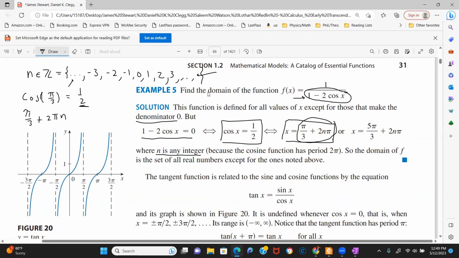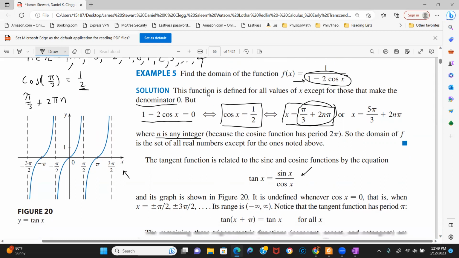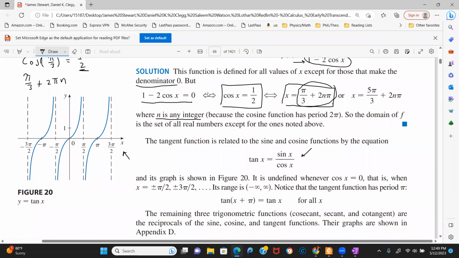All right, so now let's see. We have the tangent function. I defined that already. I defined it as the y coordinate over the x coordinate, but this is the same thing. You can see, because remember, the sine gives you the y coordinate, the cosine gives you the x coordinate. So it's the same definition. Here's the graph right here, and it's not defined on the whole real line.